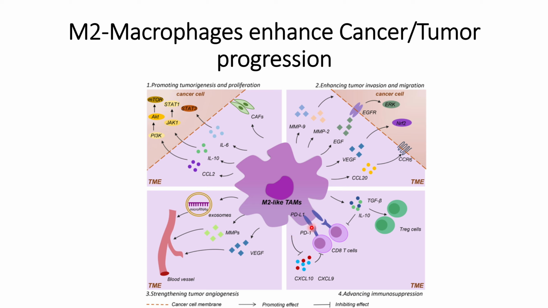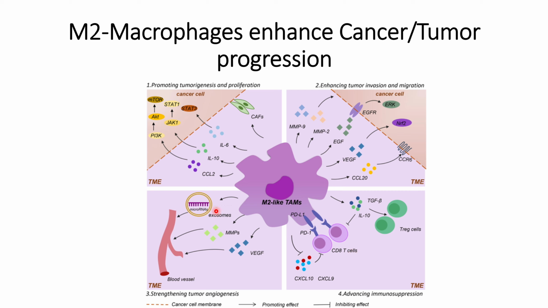At the same time, checkpoint inhibitor signaling also deactivates the CD8 plus T cells, along with interleukin 10. Moreover, interleukin 10 and TGF beta help recruit more T regulatory cells, and the function of T regulatory cells is to suppress the immune response.